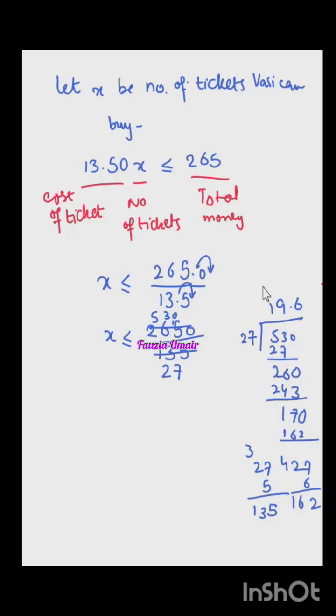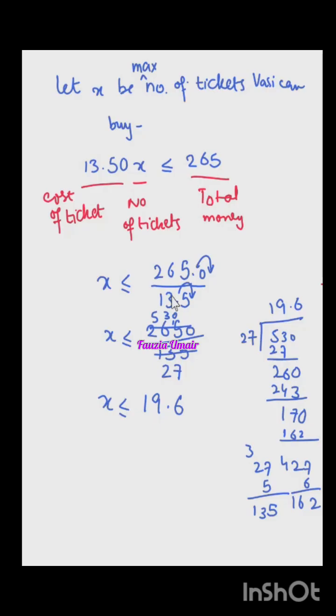Okay, so that is enough. So the answer is x is less than or equal to 19.6. Okay, so now you need to understand that these are the maximum tickets. It means I need to write here, let x be the maximum number of tickets he can buy. That would be more meaningful then.